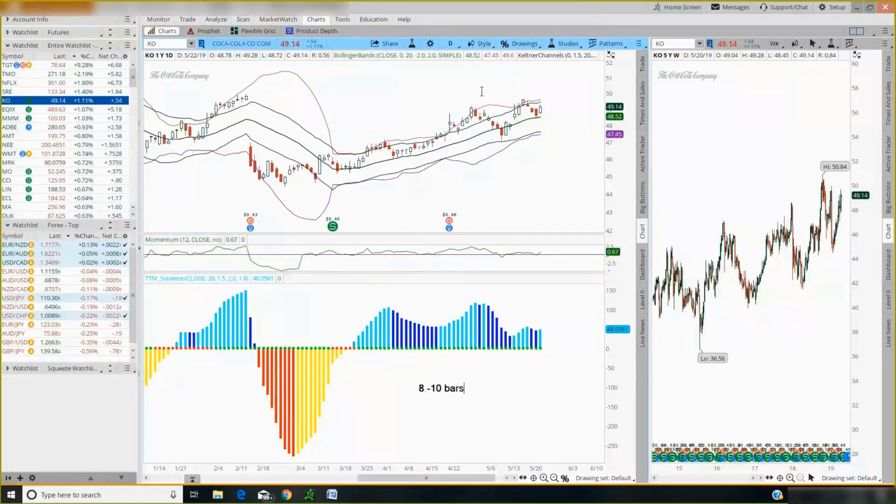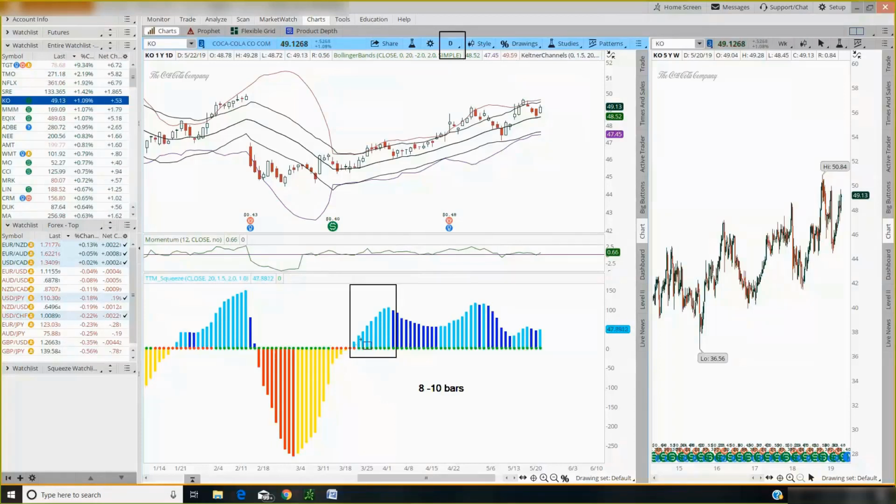What is the bar? Well, if I'm trading on a daily time frame, each bar is 1 day. So once the squeeze fires here, he said you can look for about 8 to 10 bars of positive momentum, which means if the squeeze fires in our favor, we can look for a good 8 to 10 days of price action heading towards our target.